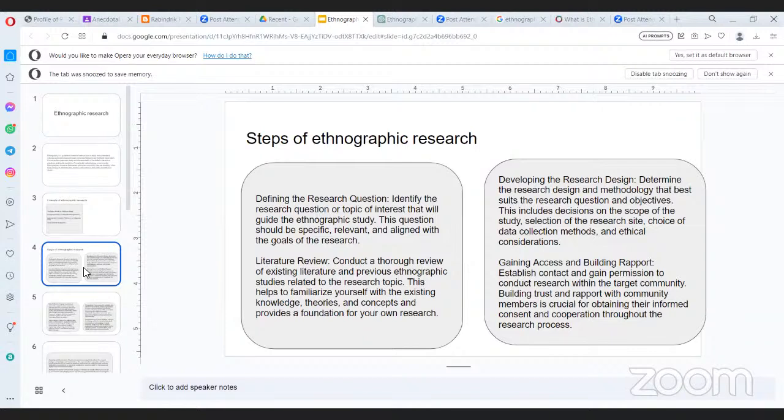Literature review. Conduct a thorough review of existing literature and previous ethnographic studies related to the research topic. This helps to familiarize yourself with the existing knowledge, theories, and concepts, and provides a foundation for your own research.